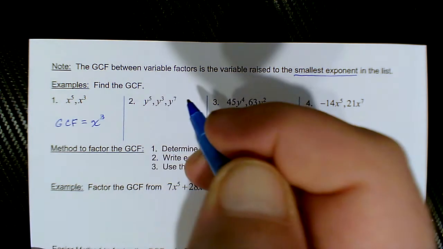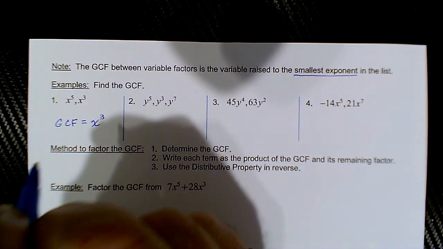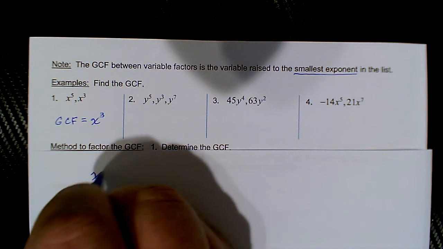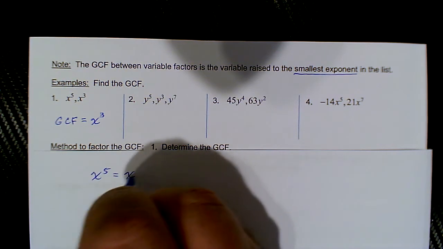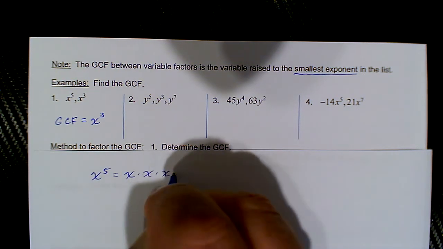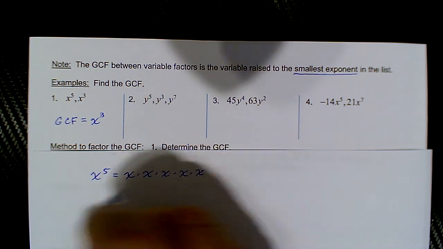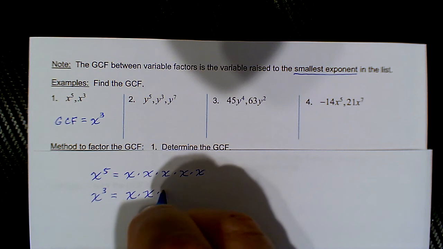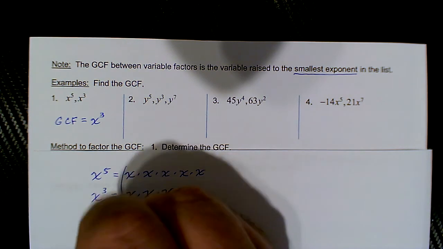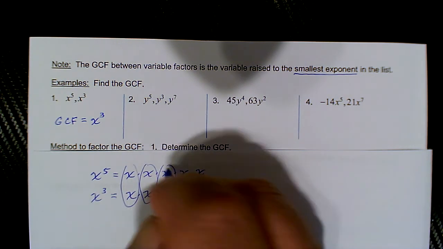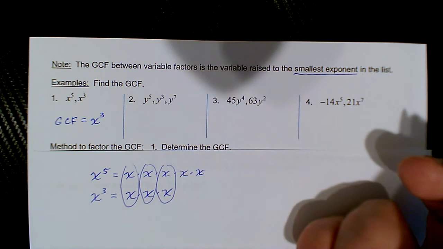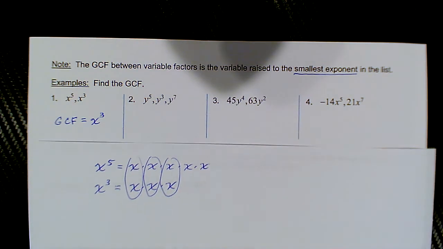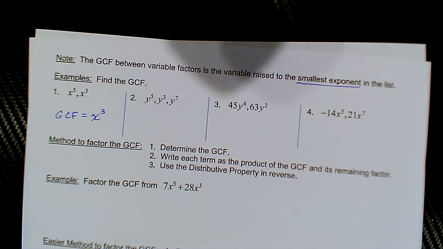And that, of course, is because if you were to write x to the fifth, you don't have to write this down, I'm just making a point. In expanded form, it's really 5 factors of x, and x cubed is 3 factors of x. So you're looking for how many are common, and that's obviously 3 of them. So that's why we choose the least exponent.